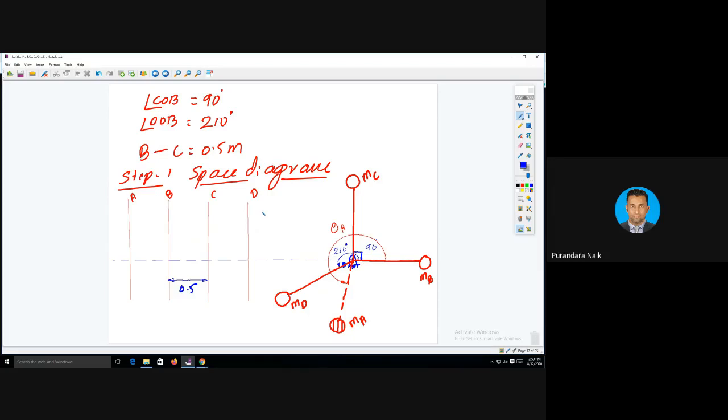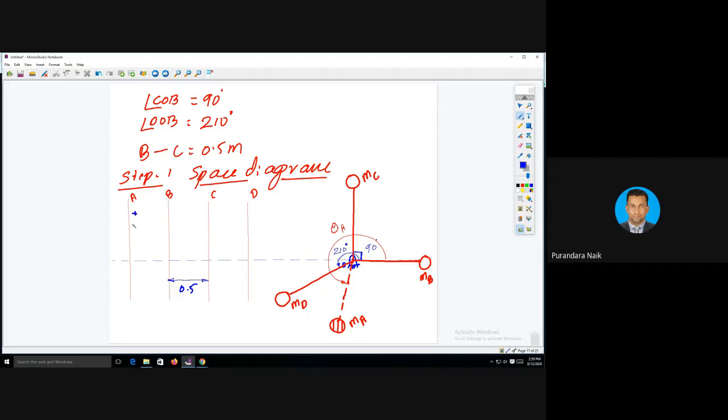Here, which plane are you going to select as a reference plane? Either you can select A, B, C, or D. There are 4 options. If you select mass or plane A as a reference plane, then everything will be unknown, because there is no distance known between A to B, A to C, or A to D. That is not possible.